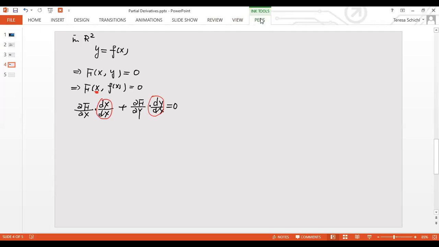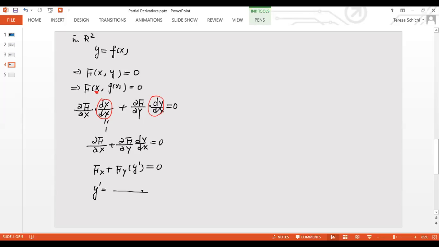We know dx dx is equal to 1, so now I have partial f partial x plus partial f partial y times dy dx equal to 0. I can use this notation, f of x plus f of y times y prime, equal to 0. That's why we get y prime equal to negative f of x over f of y.